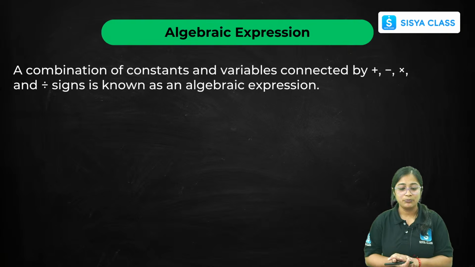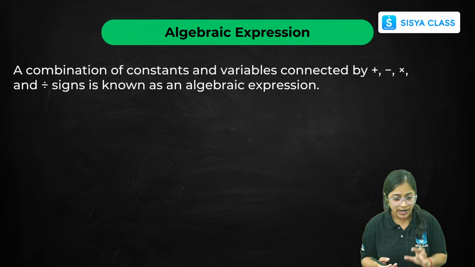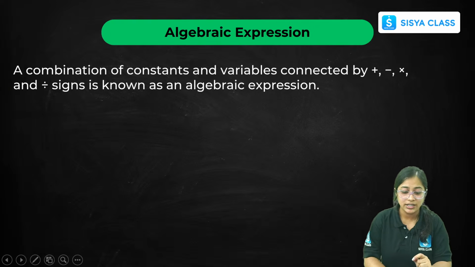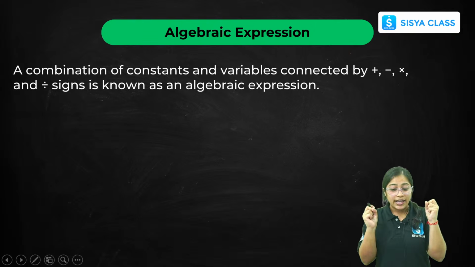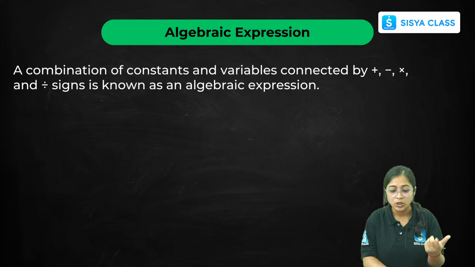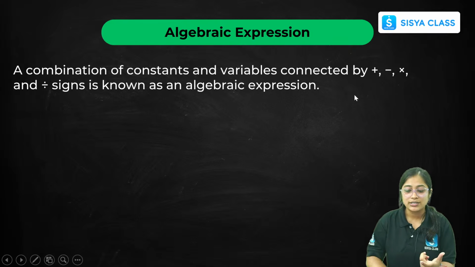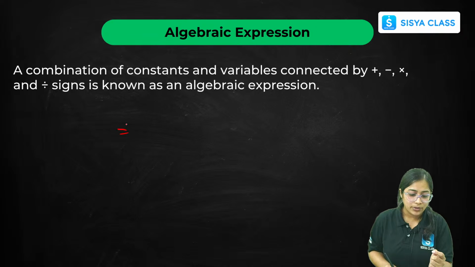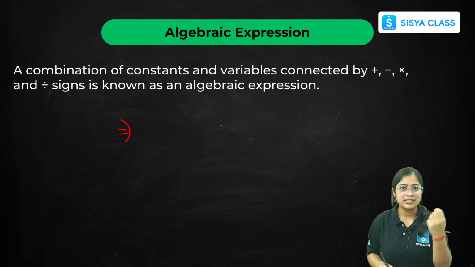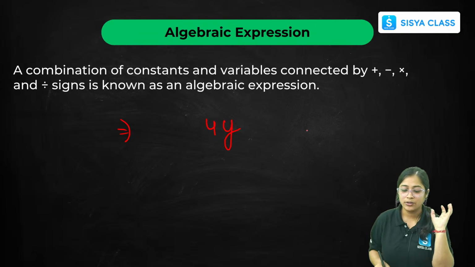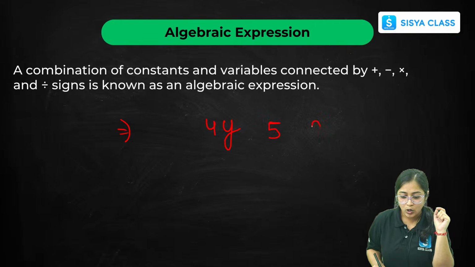Now we will see what an algebraic expression is. An algebraic expression is an expression in which you combine constants and variables by using the signs plus, minus, multiplication and division. For example, let's take a variable 4y, then a constant 5 and a constant 9.